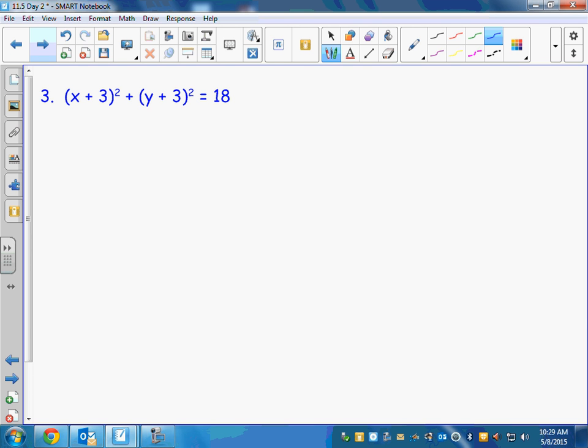So remember to FOIL this out. There's like 2 of them, right? So you have to do the 4 things. Hopefully not that bad to do. That you have x squared, and then 3x and 3x makes 6x, and then 3 times 3 is 9, and then y squared plus 6y plus 9.